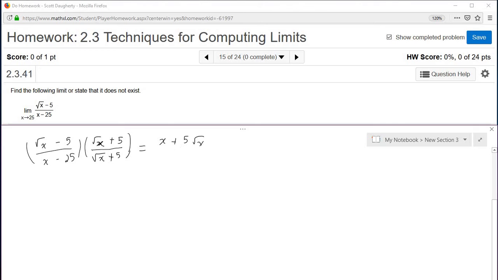And then the inner would be negative 5 times the square root of x. And then the last would be negative 5 times positive 5, which is negative 25.